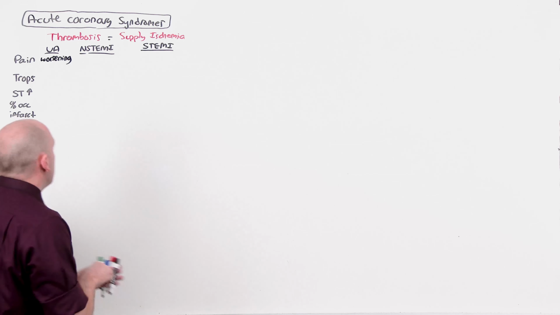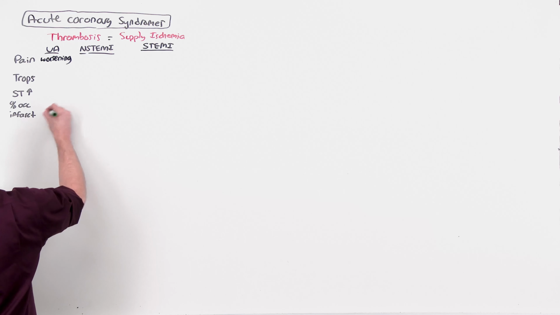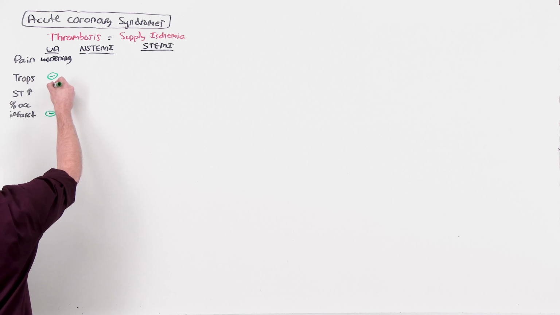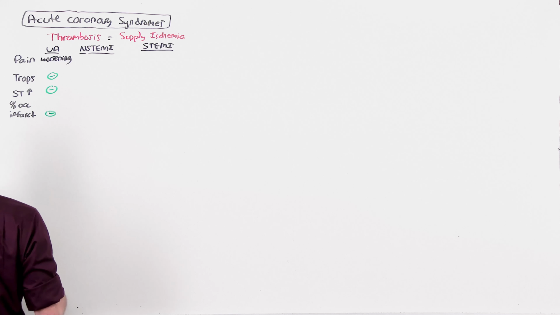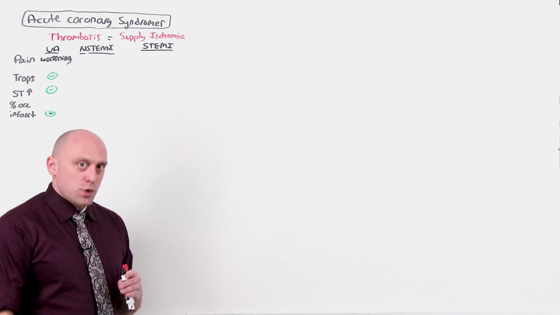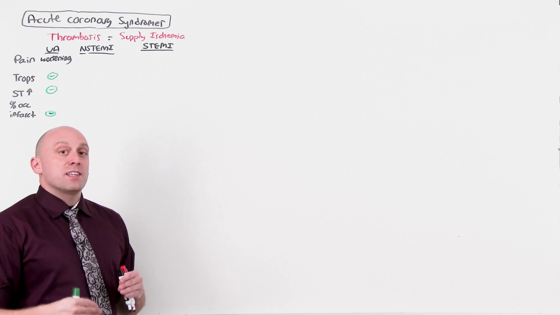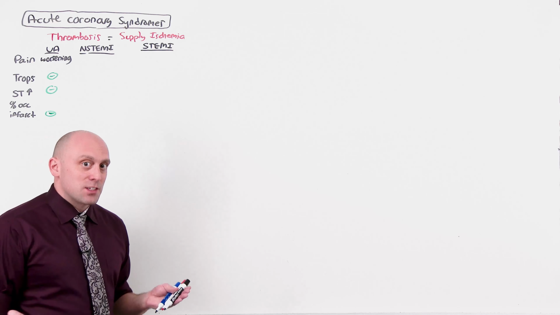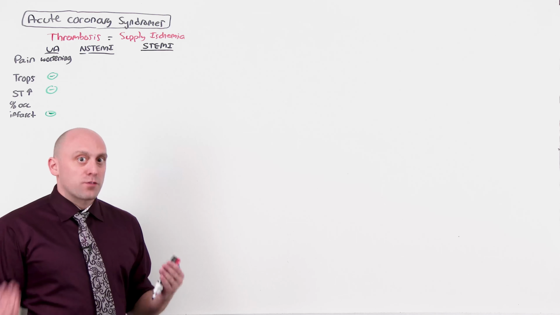Even though there's no infarction, so there are no troponin elevations and no ST segment elevations, unstable angina isn't a progressive worsening of stable angina. It is an unstable plaque that has ruptured and thrombosed. It just hasn't occluded enough to provoke an infarction.